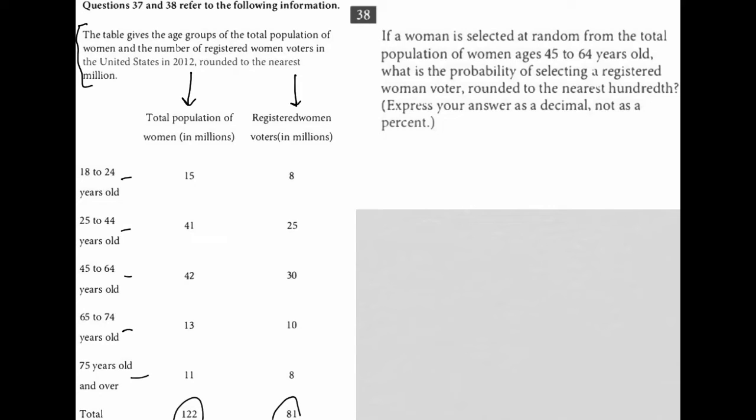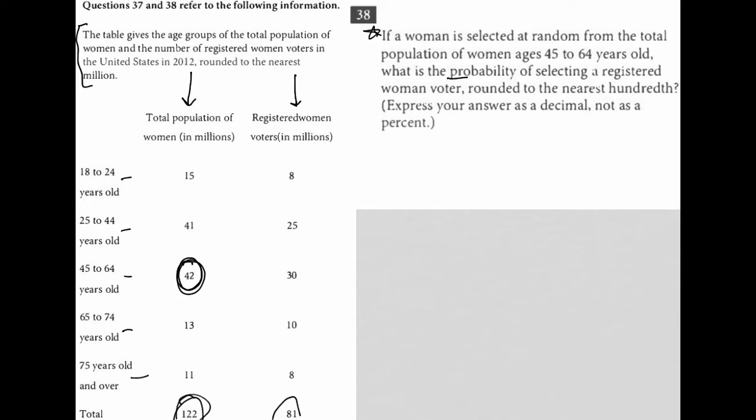So the question says, if a woman is selected at random from the total population, 122 million, of women ages 45 to 64, so that's just 42 million. That's our total population for women between the ages of 45 to 64. What is the probability?